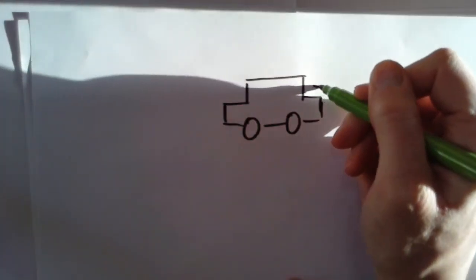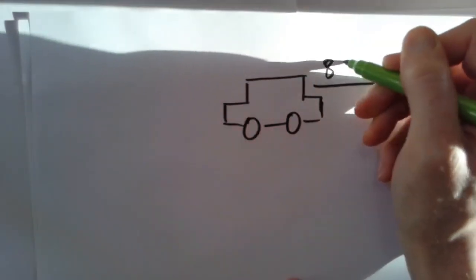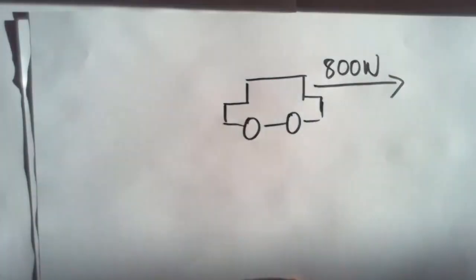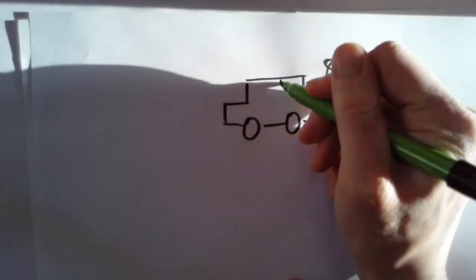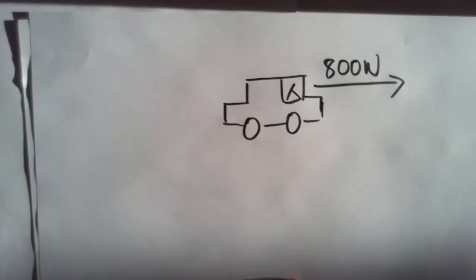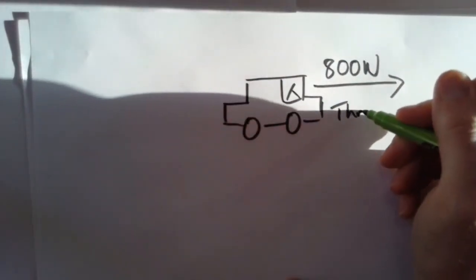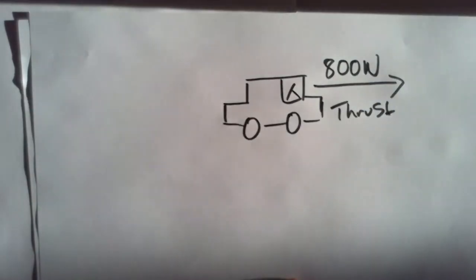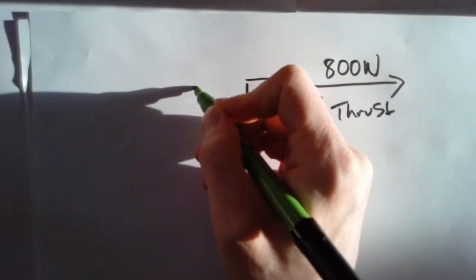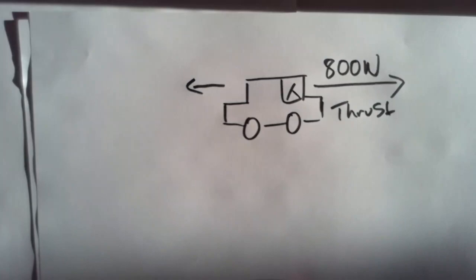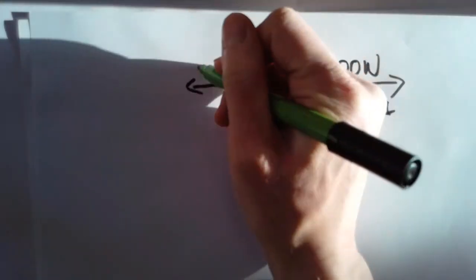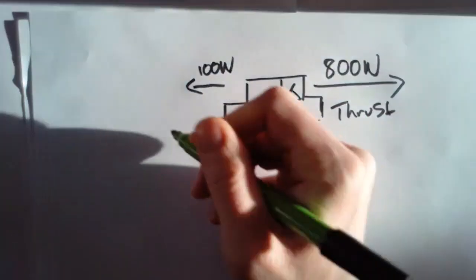It might have 800 newtons of force moving it forward, which would be my thrust, and at the same time it might have some force acting back in the opposite direction, say 100 newtons of drag.